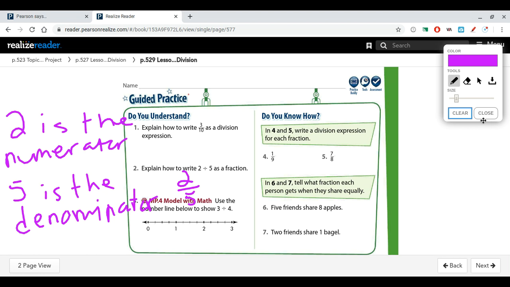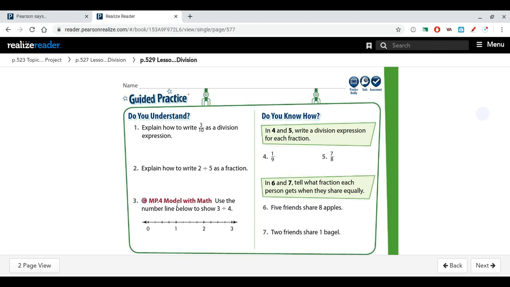Okay. Ooh, now we get to use the number line. So use the number line to show 3 divided by 4. So what I'm going to do is I'm going to take 3 and I'm going to divide that into 4 equal pieces. So if I look here, each one of mine has been divided into 4 equal pieces. So I have 1, 2, 3, 4. 1, 2, 3, 4. 1, 2, 3, 4.